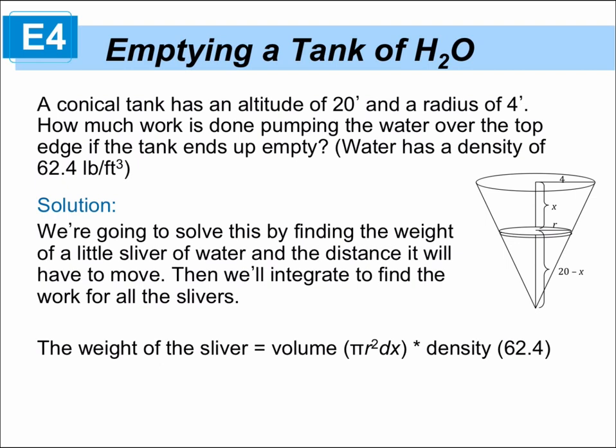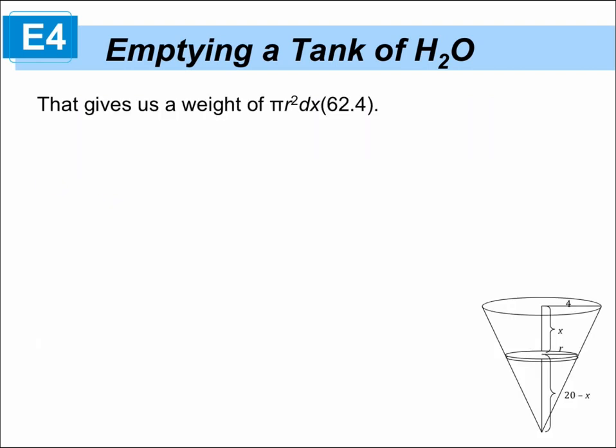Yeah, we talked about that. Okay, great. And here we go. Pi r squared dx times 62.4. That's the weight of that sliver of water. And if you look at the picture, how far am I moving that sliver of water? x, right. Because once it gets above x, it's out of the tank and we're done with it.